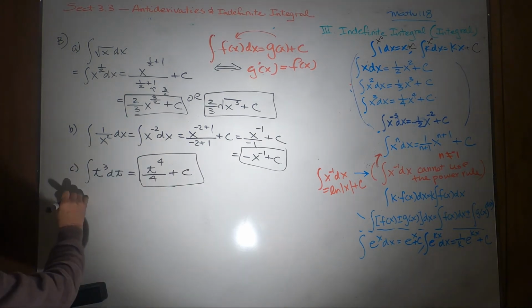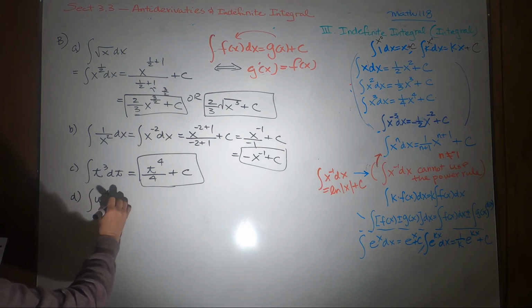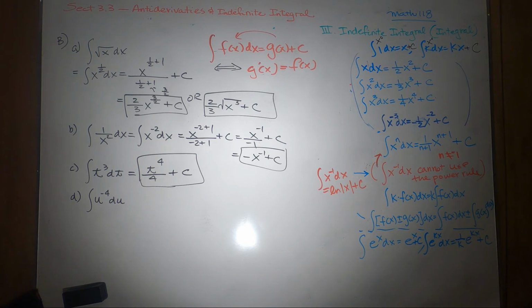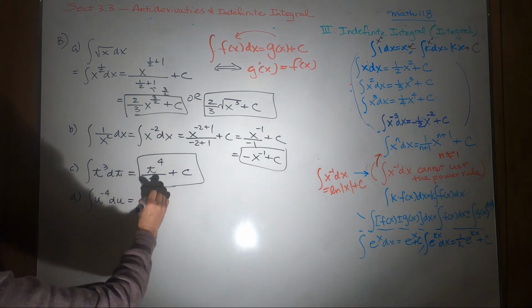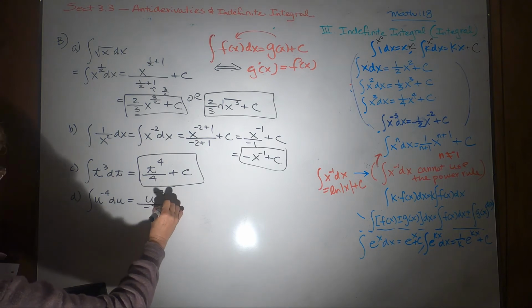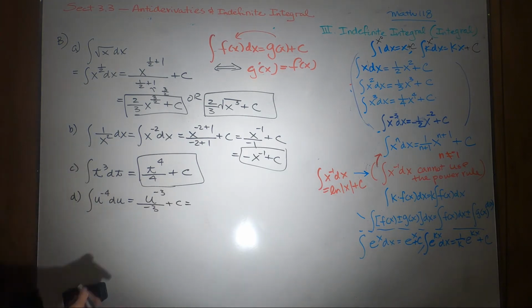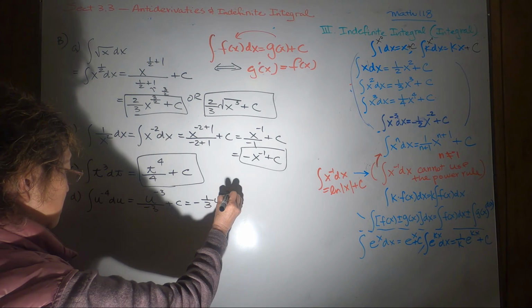Let's look at the next one. If we have u to the -4th power, do the derivative against u, then can we use the power rule? Because the power is not -1, we can use the power rule, go one level higher, divided by -3 plus c, right? So we don't leave the negative number in a denominator, so we write it outside this way.